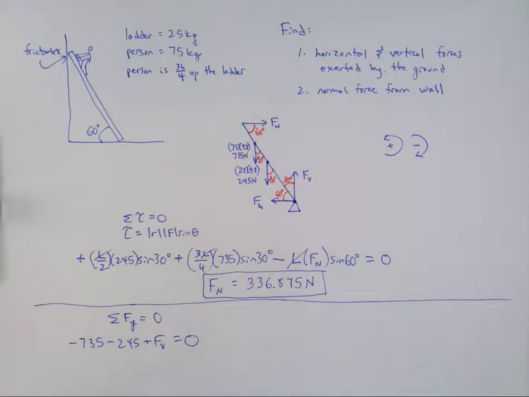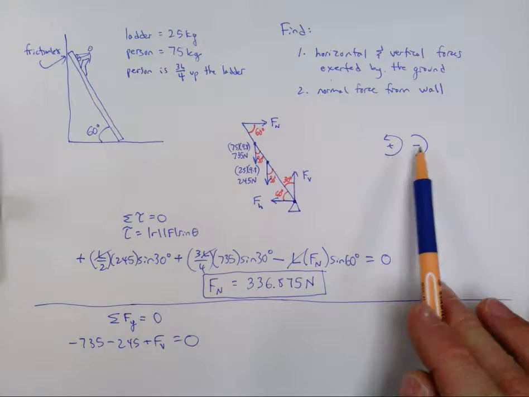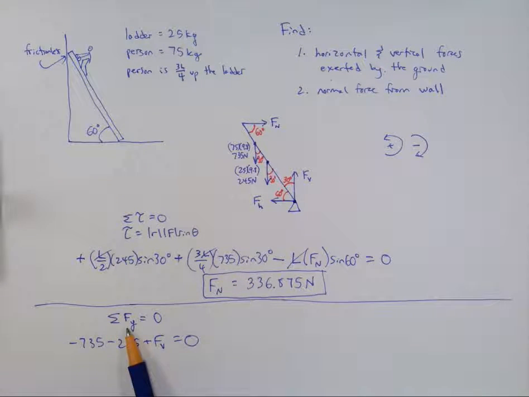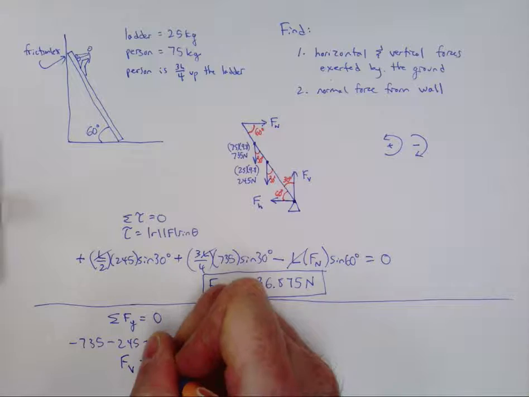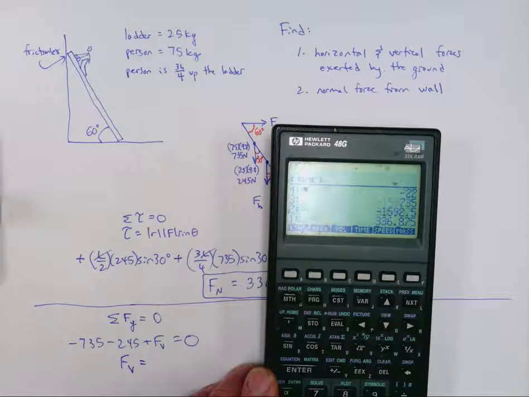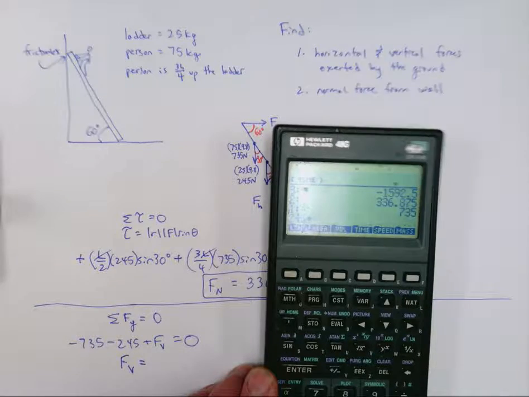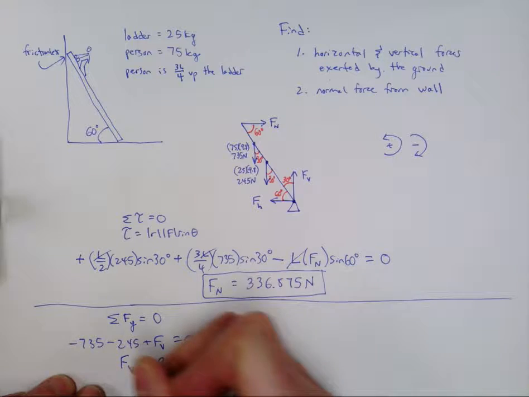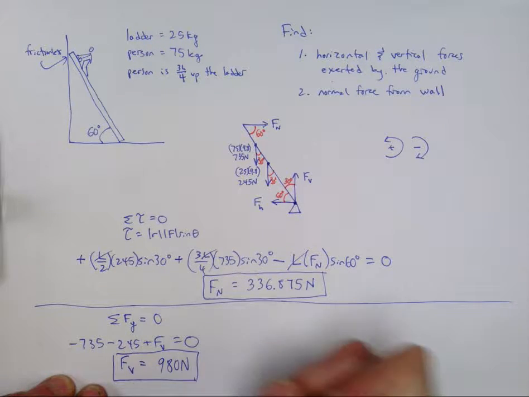Now notice here that I'm not thinking at all about clockwise versus counterclockwise. That's only for torques. When you're dealing with forces, you're thinking about, at least in the y direction, up is positive, down is negative. So the vertical force is just those two things added together, 735 and 245, which gives me 980 newtons as the total vertical force exerted by the ground.